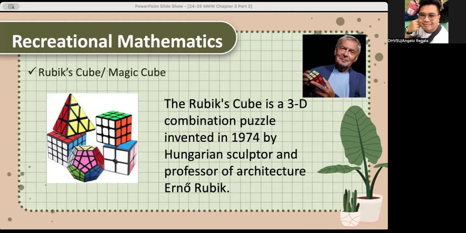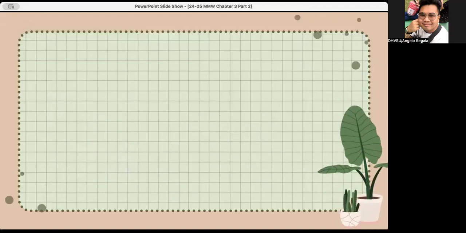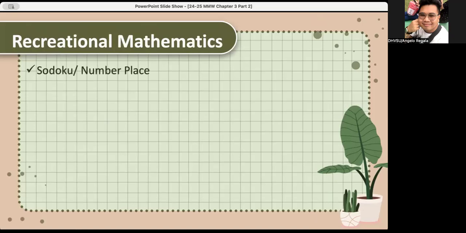Then when you shuffle it, you rebuild it so that all the red is on one face, then white, and so on. There are techniques for that. The next one is Sudoku or number place.